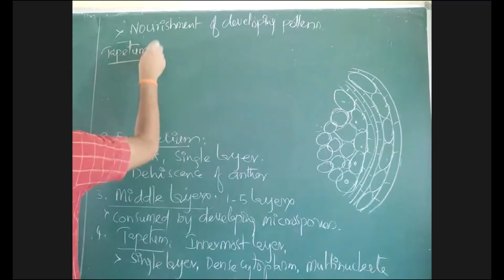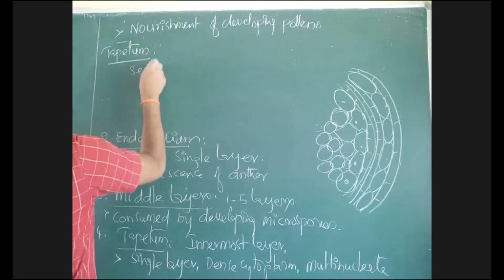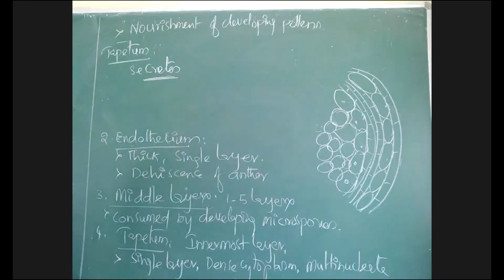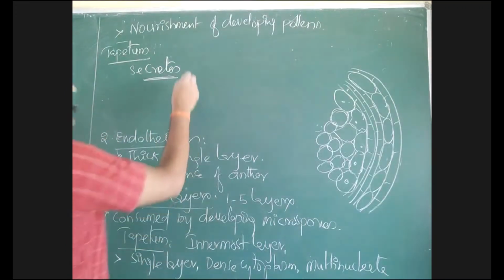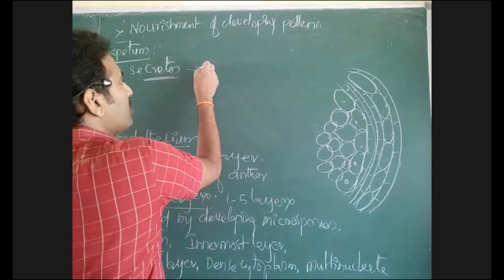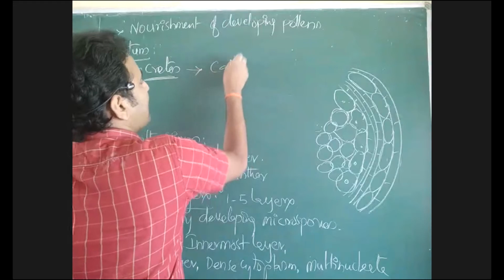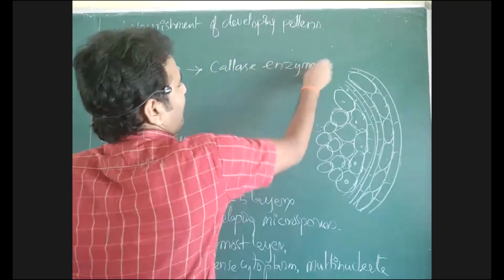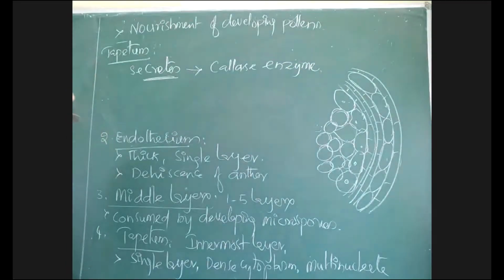Especially, there is a tapetum called secretory tapetum. That secretory tapetum secretes two types of substances. One is callase enzyme.